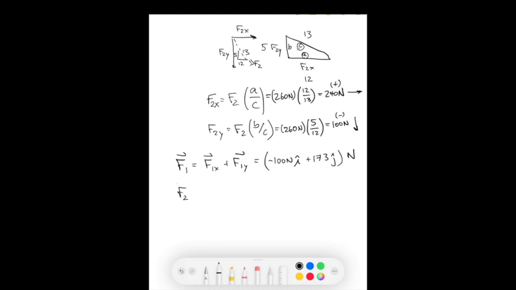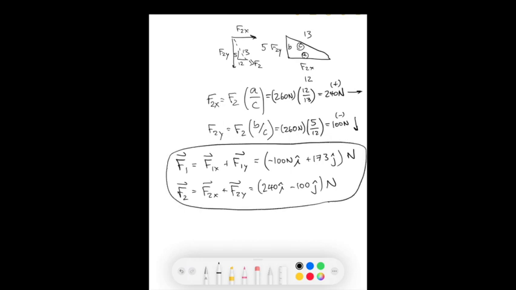Same thing for F2. F2 is equal to F2x plus F2y. And so we use our values, 240 i minus 100 j newtons. And so this is our answer that we're looking for.